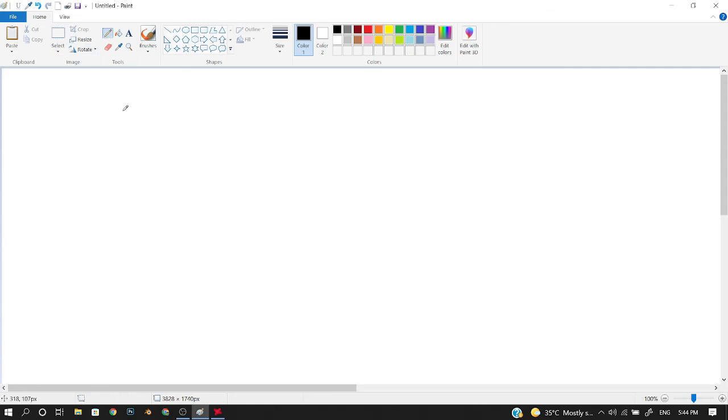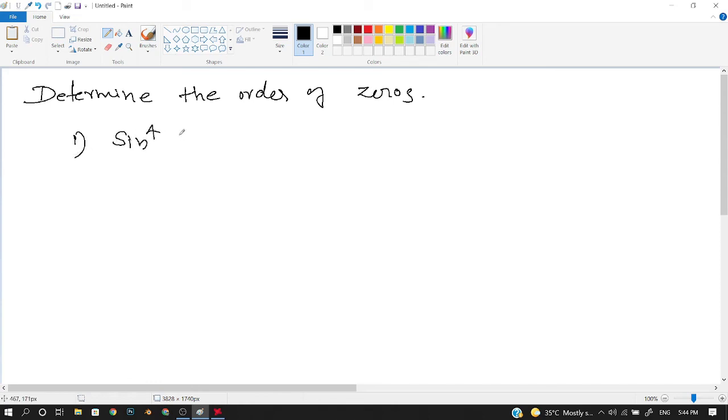Now we can move to some more examples. Determine the location and order of zeros. The first function is sine raised to 4 of z by 2. So we have to find the zeros; we have to equate our function to 0.